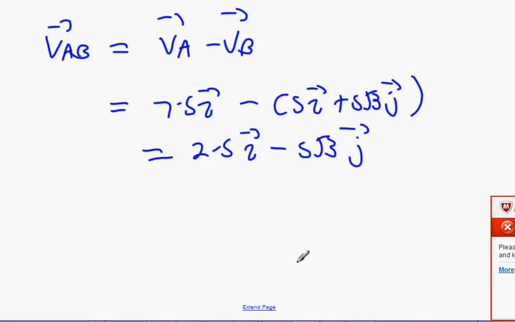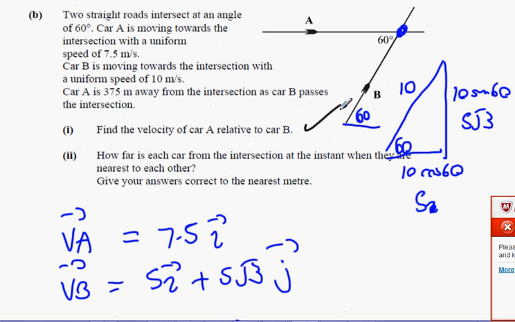Now, what we're going to do next is find the velocity of the car relative to B.